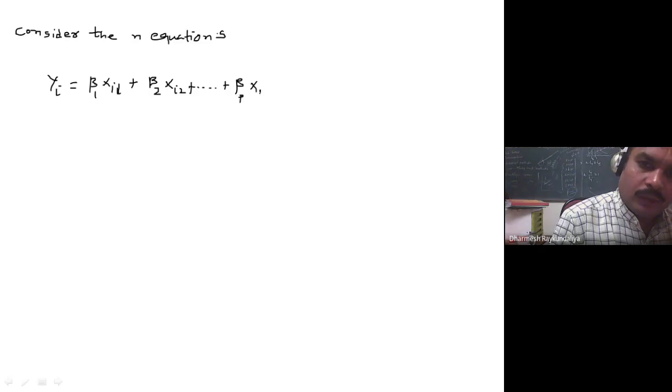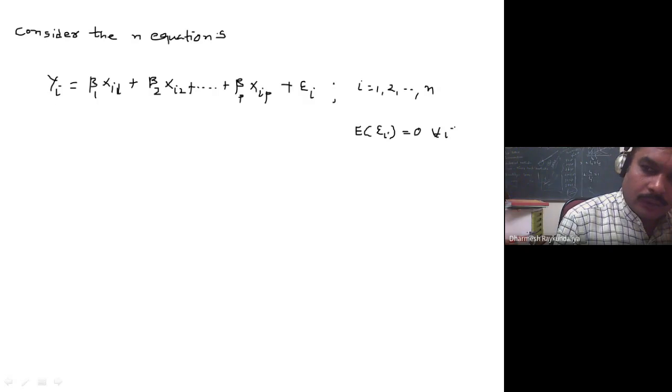Consider the n equations: yi is equal to beta 1 xi1 plus beta 2 xi2 up to, let us say, beta p xip plus epsilon i, where i runs from 1 to n, and the expectation of epsilon i is 0 for every i.